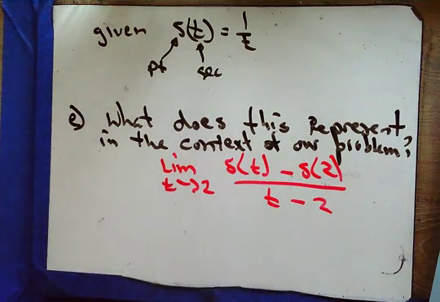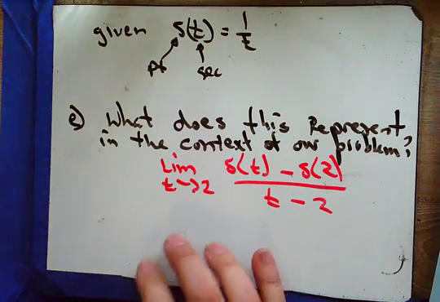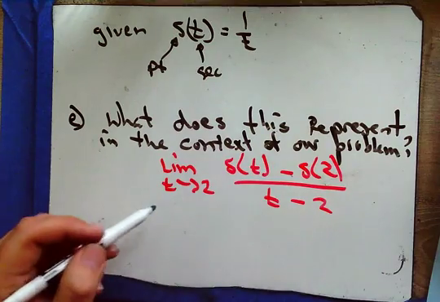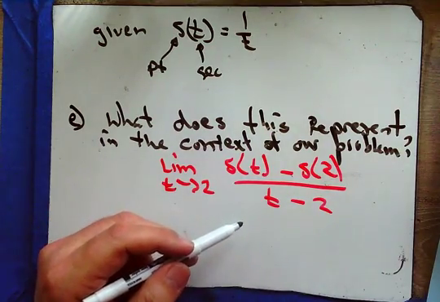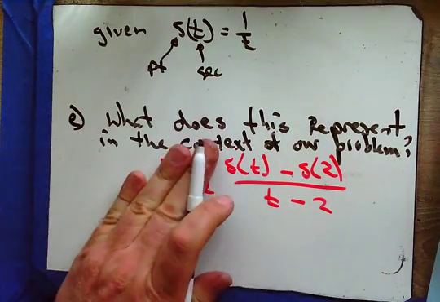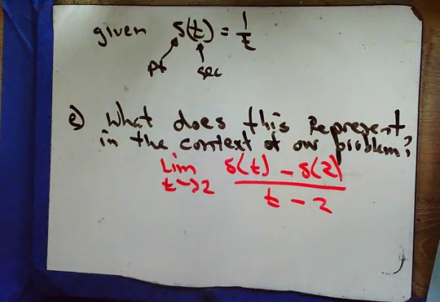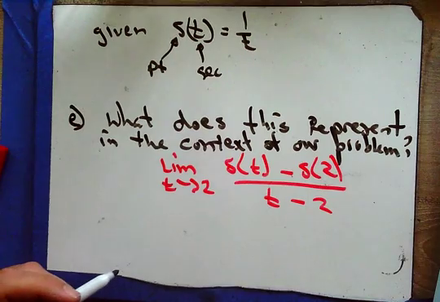So we really need to think about what these things represent. So what is that? Well, it's a slope, but it's the limit of the slope. So if it were just the slope, we would say average rate of change, but since it's the limit of the slope, we want instantaneous rate of change.